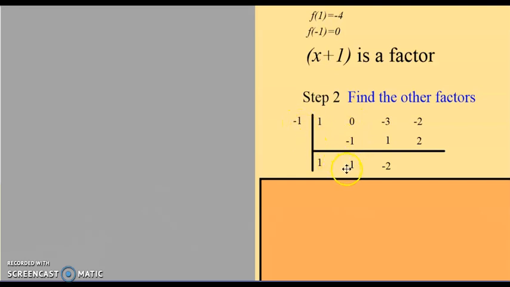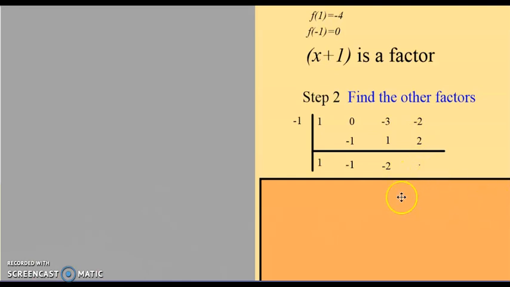Negative 1 multiplied by negative 1 gives me positive 1. Minus 3 plus 1 is minus 2. Minus 1 multiplied by minus 2 is positive 2. Then I have minus 2 plus 2 renders 0. How do we illustrate 0?